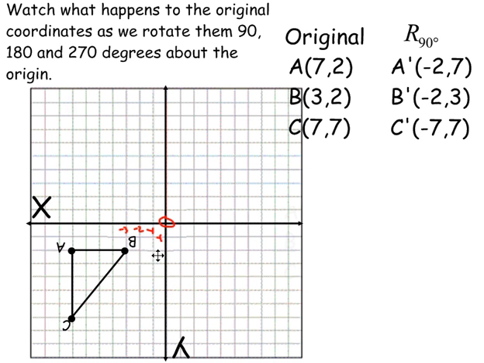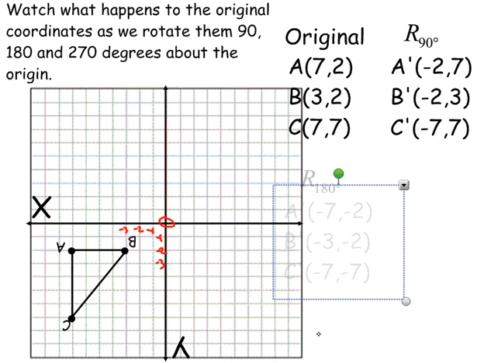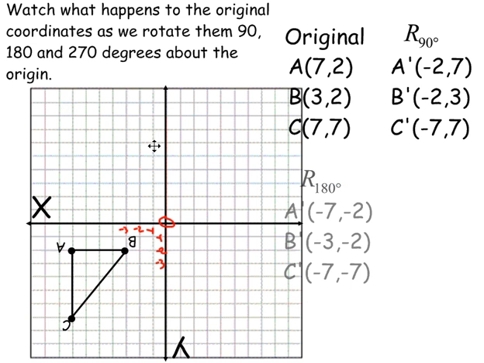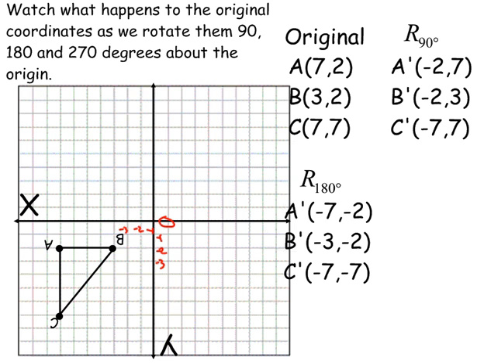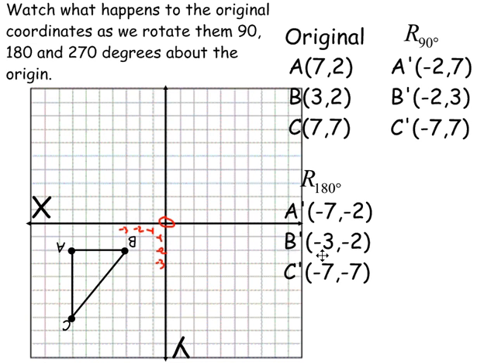And what are the coordinates of the points after I rotate them 180 degrees? You'll notice that the points are -7, -2 for A prime, for B prime it's -3, -2, and for C prime it's -7, -7.